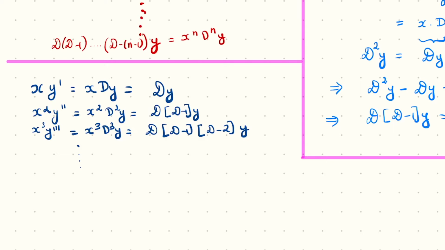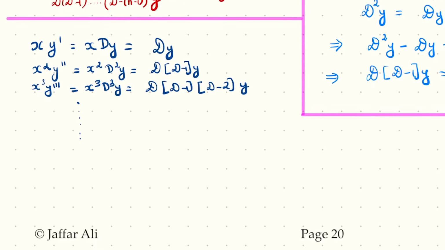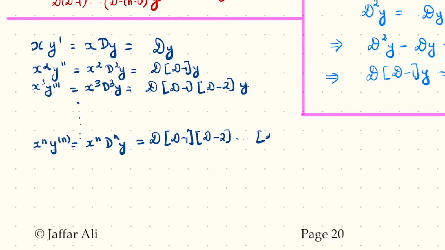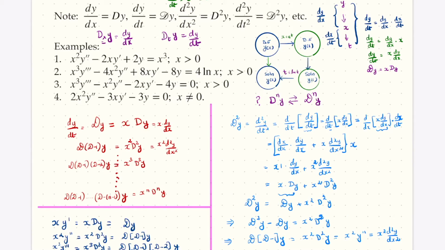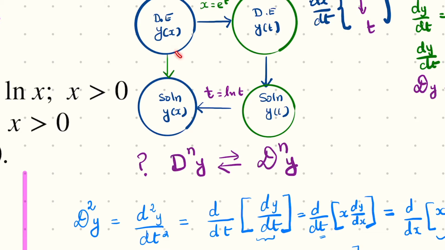So in general, if I extend it, x to the n, nth derivative of y, is going to be x to the n d n of y, which should be script d, script d minus 1, script d minus 2, dot dot dot, script d minus n minus 1 of y. And that is what we are going to use to transform the differential equation from here to here.